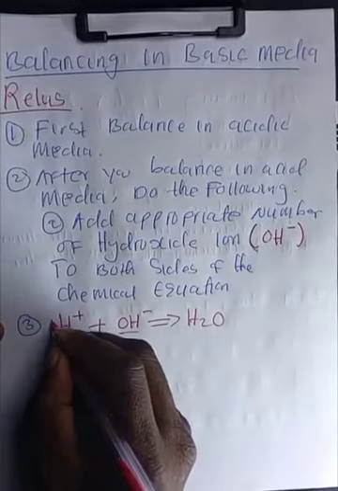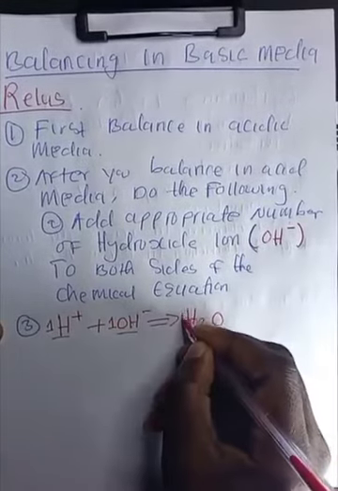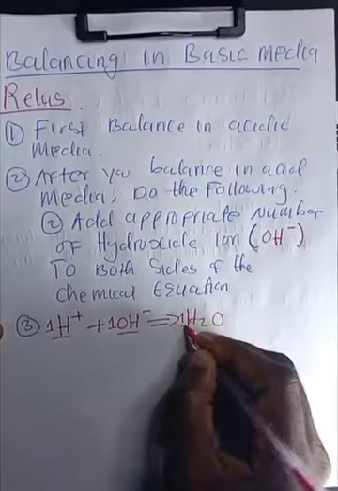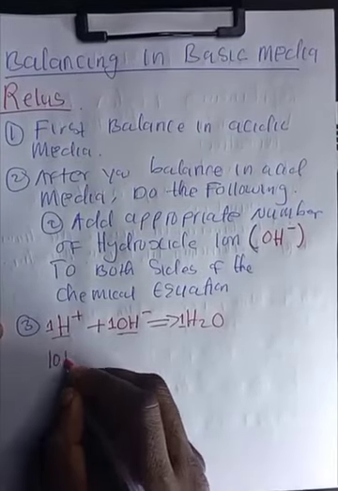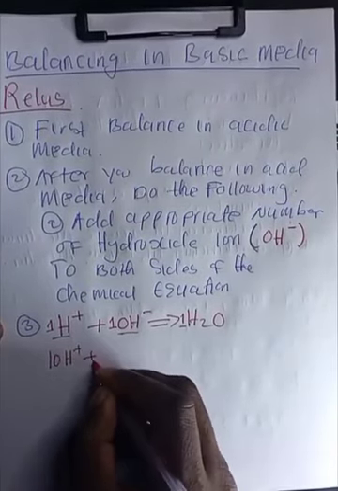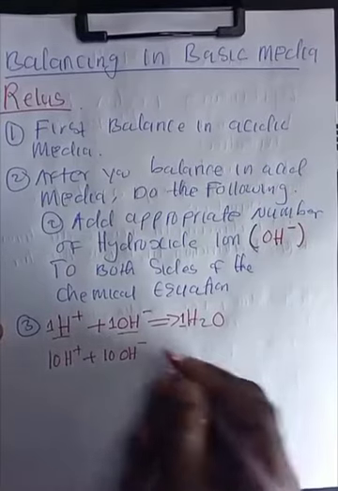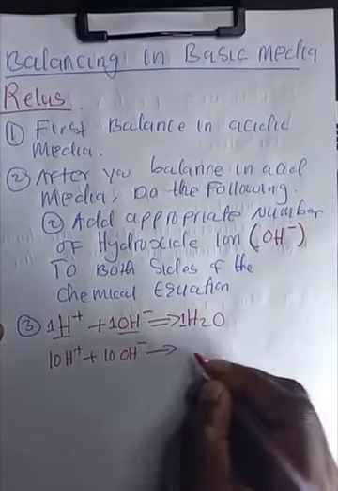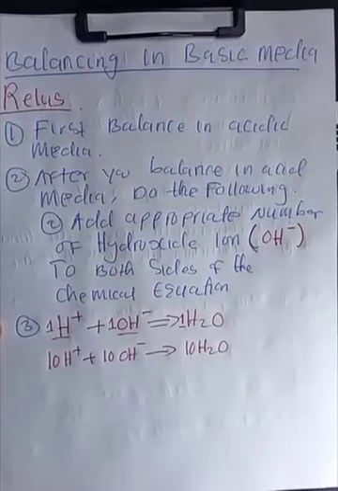One hydrogen ion and one hydroxide ion produce one water molecule. So if we have 10 hydrogen ions plus 10 hydroxide ions, we should expect to get 10 water molecules.